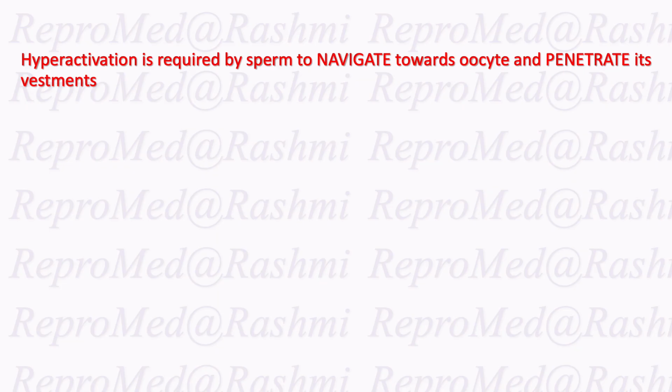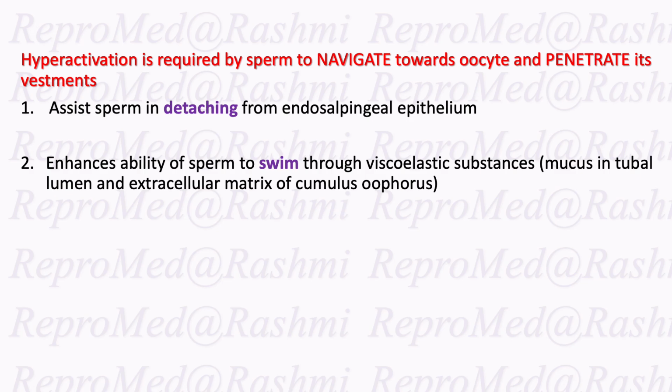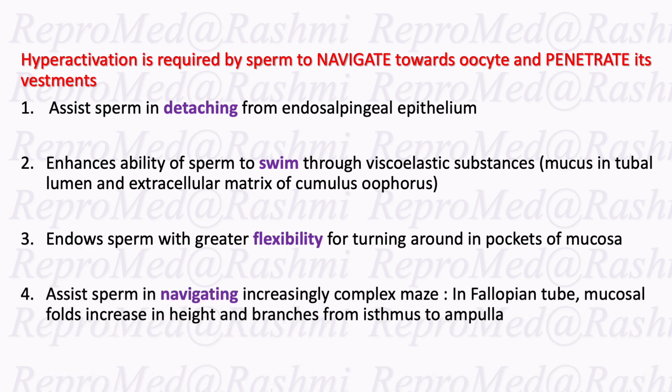Hyperactivation is required by sperm to navigate toward the oocyte and penetrate its investments. It assists sperm in detaching from endosalpingeal epithelium. It enhances the ability of sperm to swim through viscoelastic substances like mucus in the tubal lumen and the extracellular matrix of the cumulus oophorus. Hyperactivation endows sperm with greater flexibility for turning around in pockets of mucosa. It assists sperm in navigating an increasingly complex maze, as in the fallopian tube the mucosal fold increases in height and branches from isthmus to ampulla.